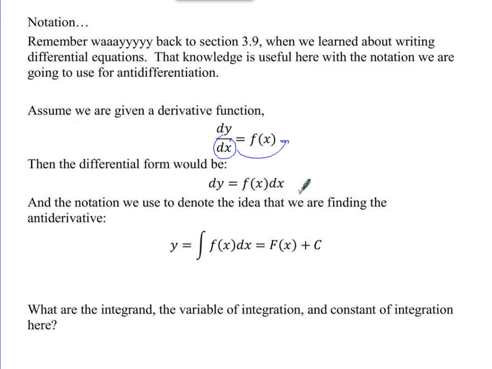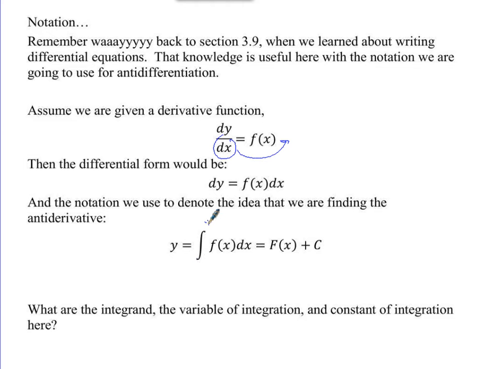Don't get queasy on me. We did this. All I'm doing is taking the derivative form and writing it in differential form. So this form allows me to then find the antiderivative using this notation. The notation we use to denote the idea that we're finding the antiderivative is this. You wind up with y equals this symbol right here, which we'll talk about.